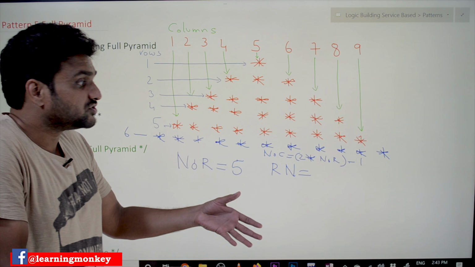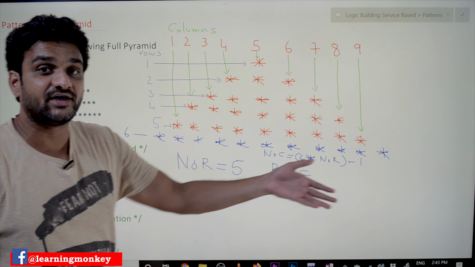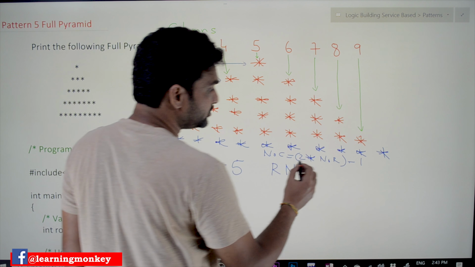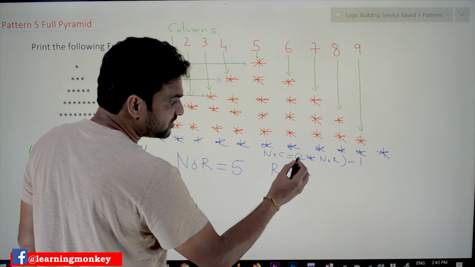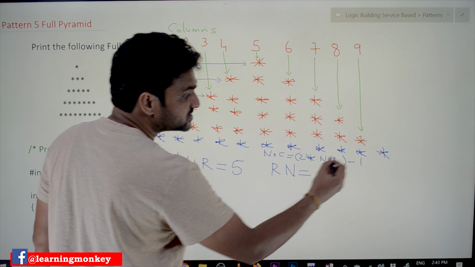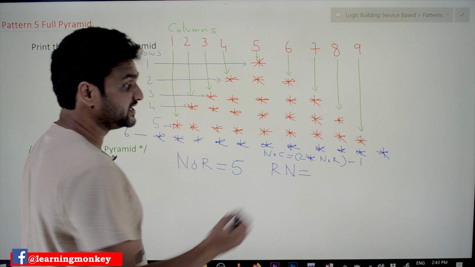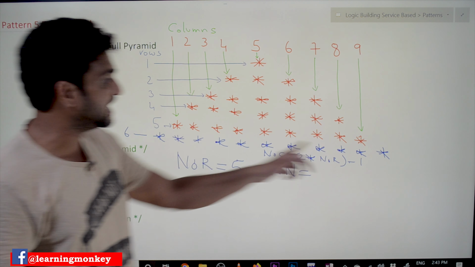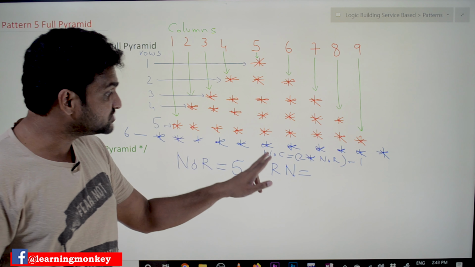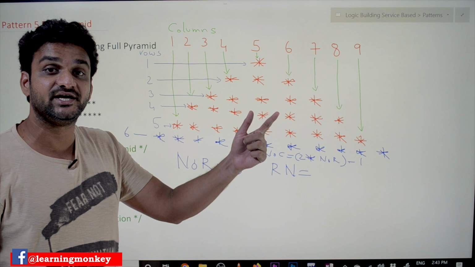For example, if the number of rows is 5, how many columns will be there? 2 into 5, 10 minus 1, 9 columns will be there. And if the number of rows is 6, how many columns will be there? 2 into 6 minus 1, 11 columns will be there. Here we are having 11 columns. So this is one of the formulas that we have identified.